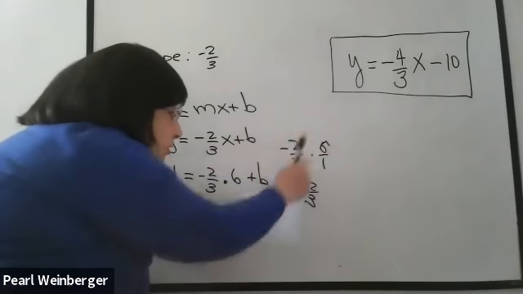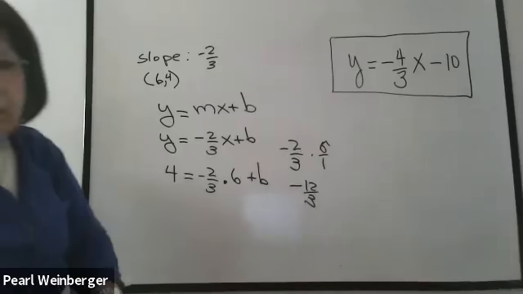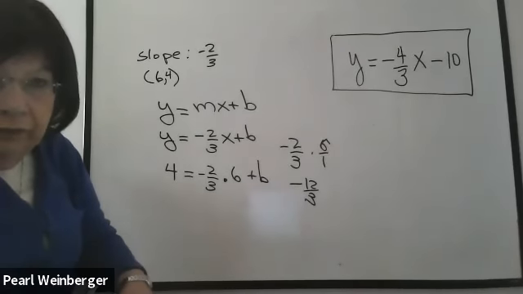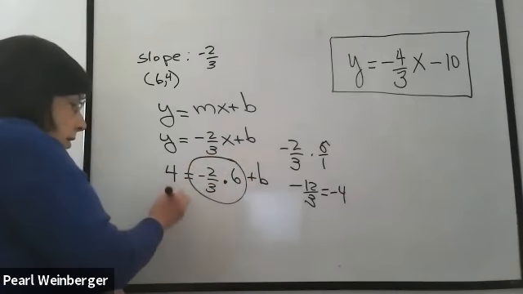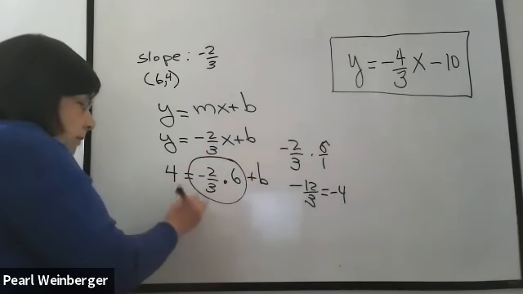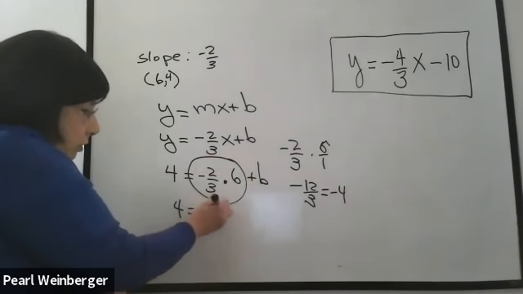Remember, you multiply the two tops together, the two bottoms together. Can you simplify -12/3? Yes, -4. So I'm leaving this 4 alone, but for this whole thing, it just worked out to be -4.